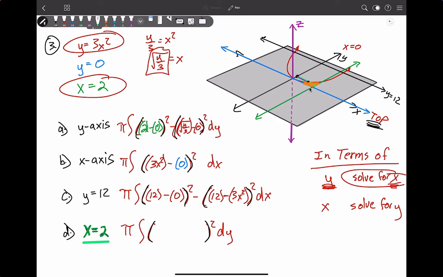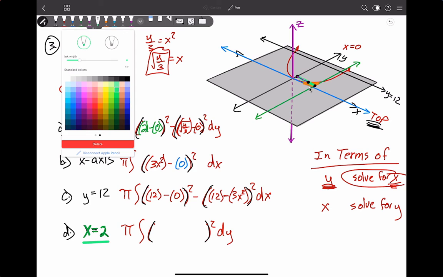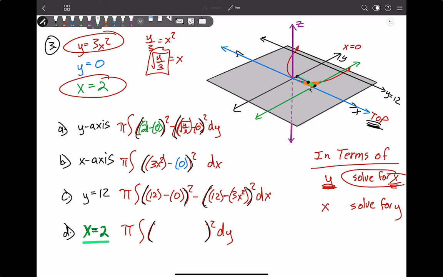Okay, so now I have this green and this red graph touching. And if I'm just looking at this small little radius, because remember, I'm revolving this about this x equals 2. All right, let me make that a little bit smaller. This is disk method because you don't see a void. This is going to revolve like that. Okay.